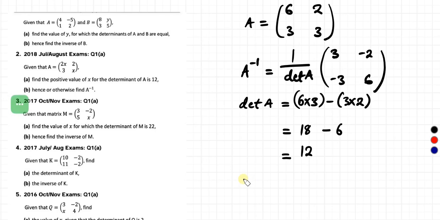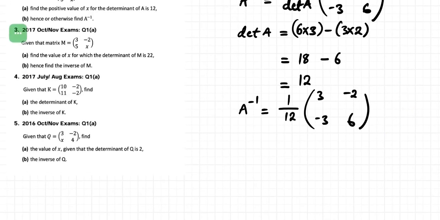So say, okay, therefore, the inverse of A is going to be 1 over, where the determinant is you put 12, then you open brackets, then you say 3, then here you put -3, then -2, then 6, like that. Okay, then what you're going to do, you do it this way.